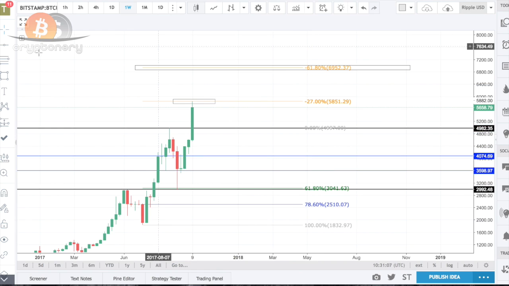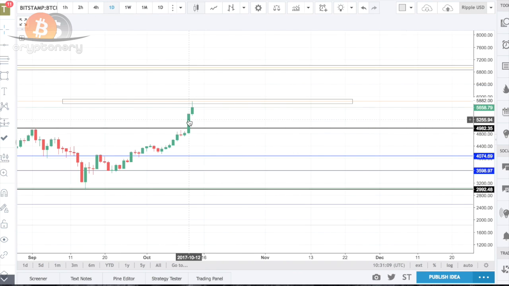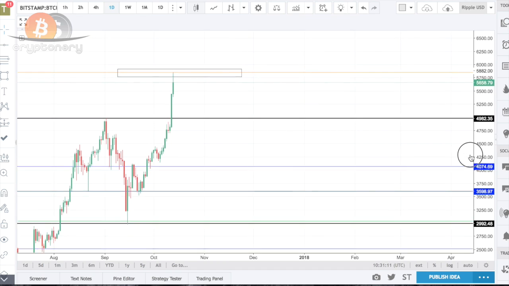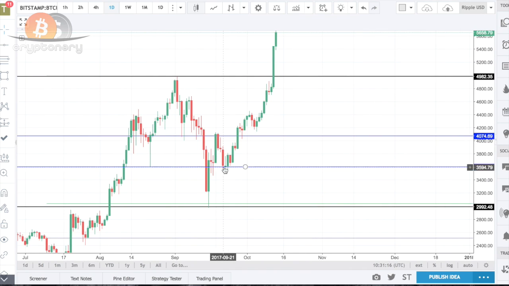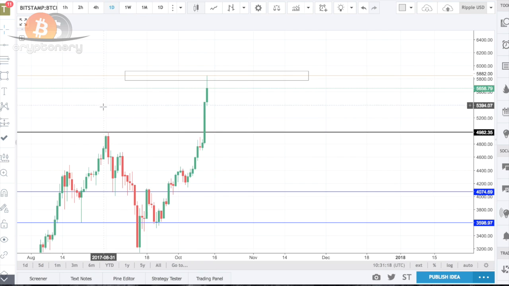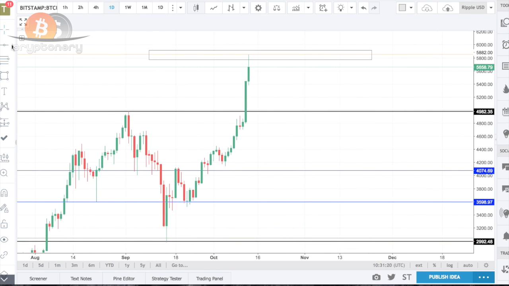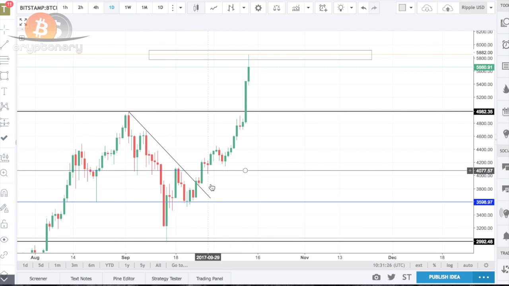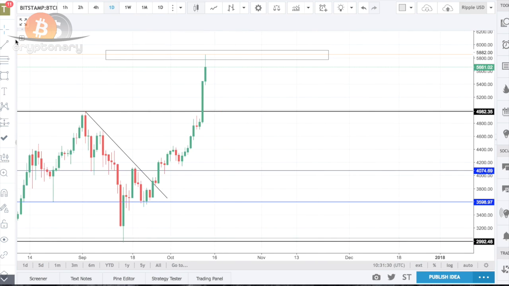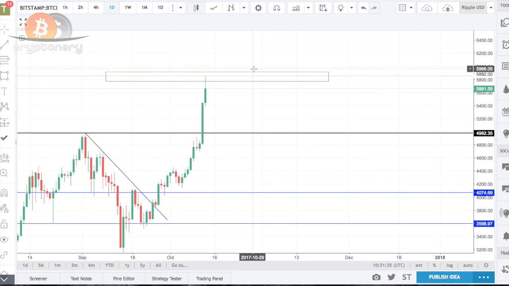So what we'll do is we'll go down to the daily. We now have our two new zones, and if you look, they correlate perfectly with support and resistance zones. So what I can now do is, I can already see we had a breakout here, we broke up, we soared upwards. So what we can actually expect potentially is another similar play from this high here. So what I'll do is I'll get rid of this.